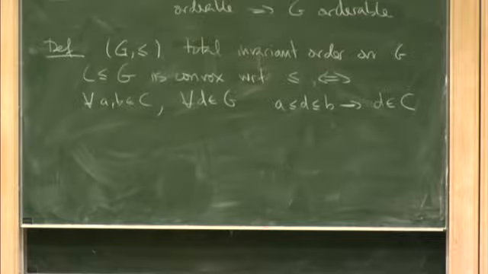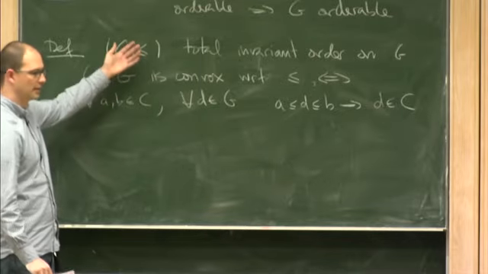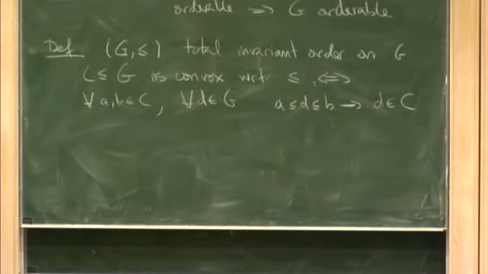Okay, the lemma, I guess, should be that you are relatively convex in an orderable group if and only if you are convex for some order.